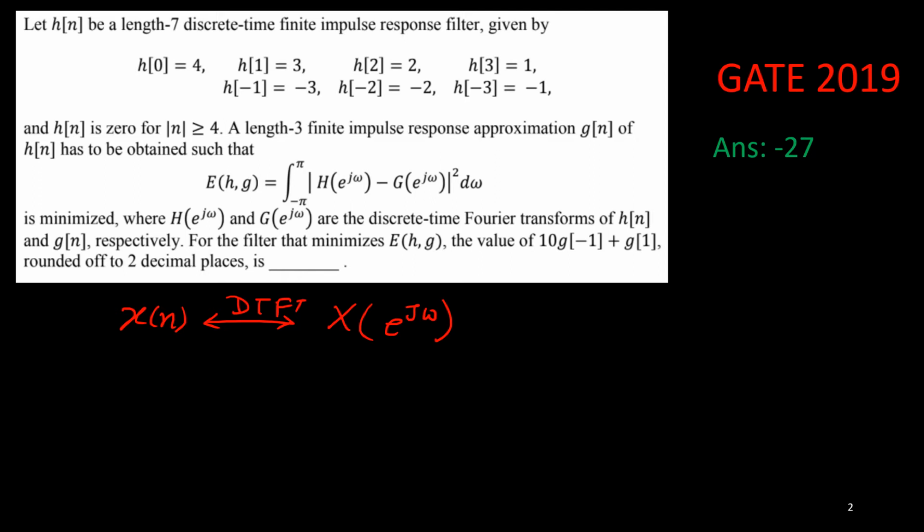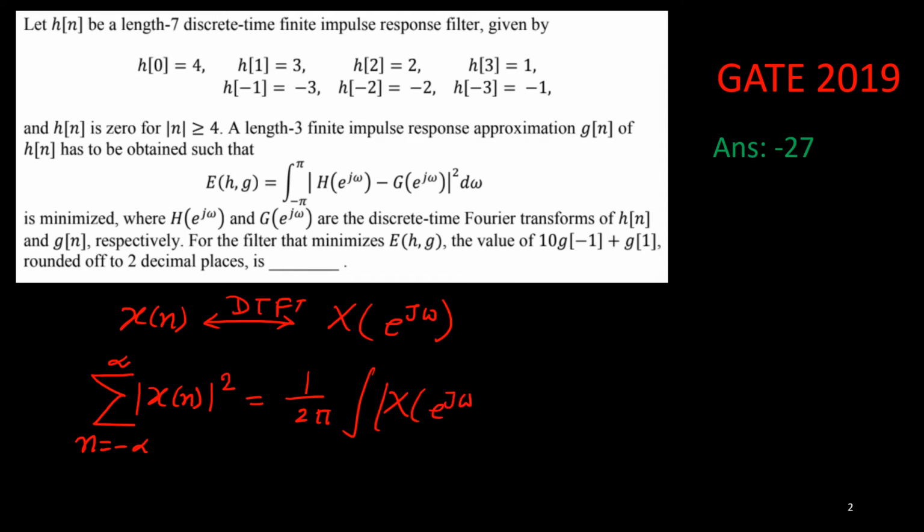So that energy we can compute. So the summation of x of n, I am considering the real sequence x of n, and that mod square, or simply square I can take, okay? So summation over n equals minus infinity to plus infinity will be the same as 1 upon 2 pi times the area under that capital X of e to the power j omega, mod square, d omega.